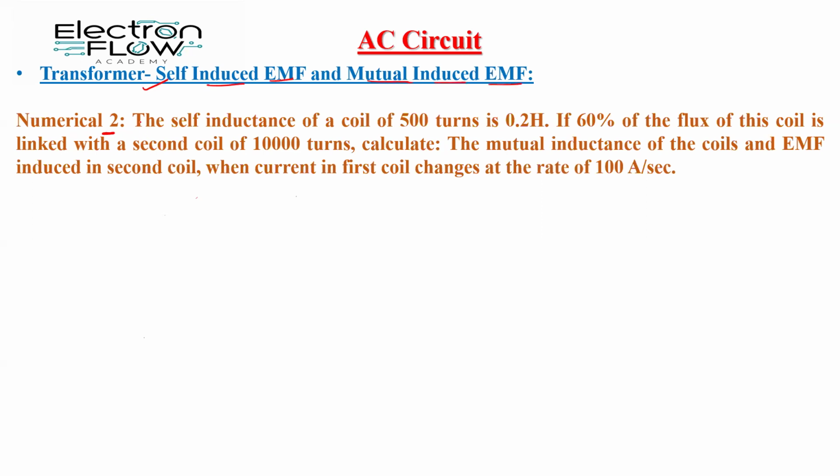The question given to us is that the self-induced inductance of a coil of 500 turns is 0.2 Henry, and if 60% of the flux of the coil is linked with the second coil of 10,000 turns, then calculate the mutual inductance of the two coils and the EMF induced in a coil when the current in the first coil changes at the rate of 100 ampere per second. So let's start the solution.